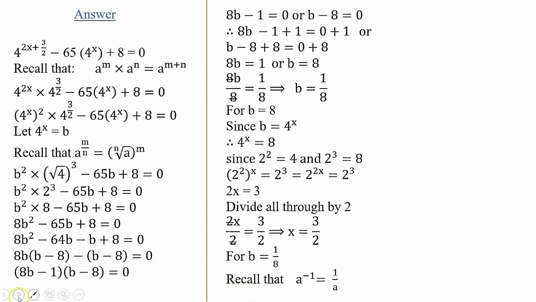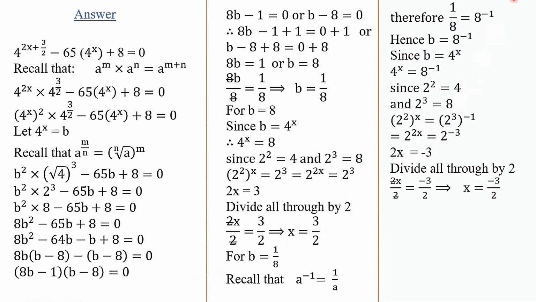Since b is equal to 4 to the power of x, as we have already known earlier, we're going to replace b with 4 to the power of x. So 4 to the power of x will be equal to 8 to the power of minus 1. Since 2 to the power of 2 is equal to 4, we're going to use 2 to the power of 2 to replace 4, and 2 to the power of 3 is equal to 8, so we use 2 to the power of 3 to replace 8 in this equation.